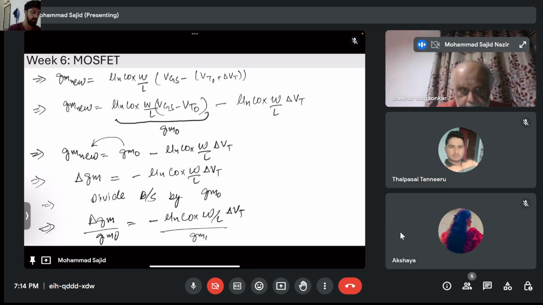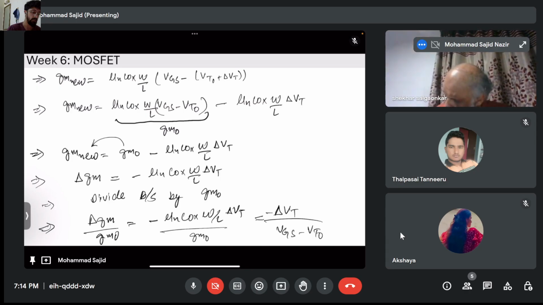And GM naught is mu n C ox W by L VGS minus VT naught. So mu n C ox W by L will cancel. What will remain is delta VT divided by VGS minus VT naught. So delta GM by GM naught is minus delta VT by VGS minus VT naught.